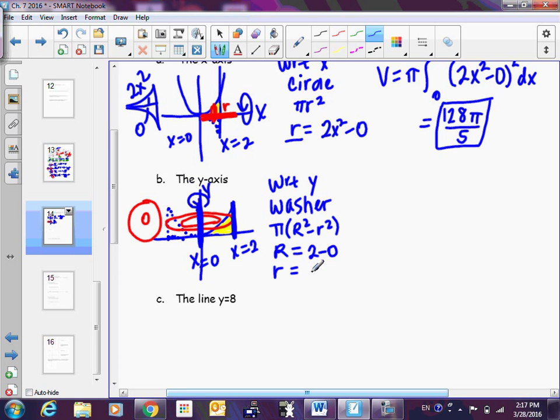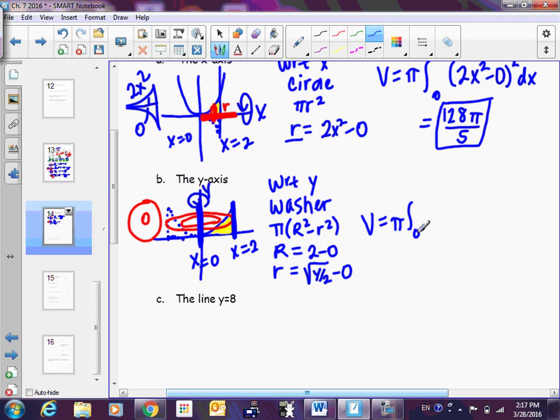Okay, what about little r? Yeah, see how these are both minus 0? You should have a commonality between your big R and your little r. Either minus the same number or the same number minus it. Also, with respect to y, my bounds are not 0 to 2 anymore.